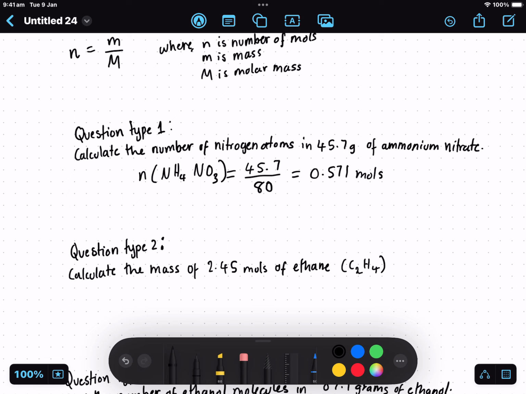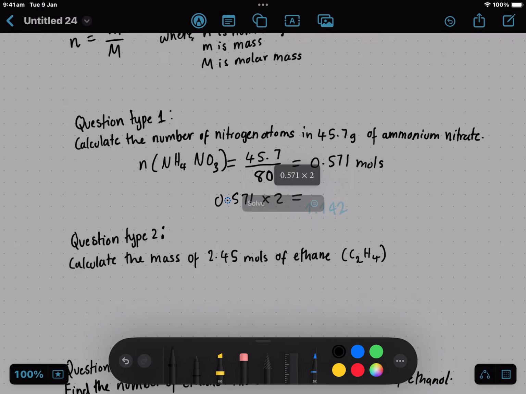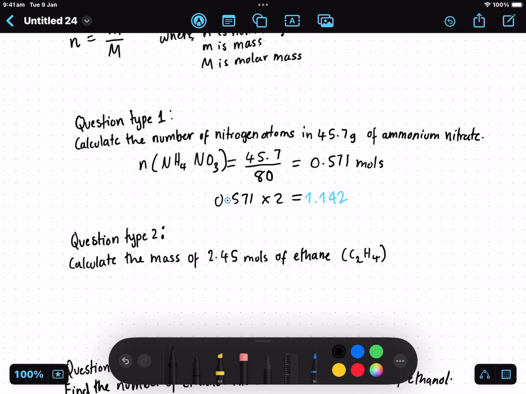How will we find the number of nitrogen atoms in this many moles of ammonium nitrate? So we just do what we did before. Since there are two nitrogens in ammonium nitrate, we'll just go 0.571 times 2, and we should get the answer of 1.142.